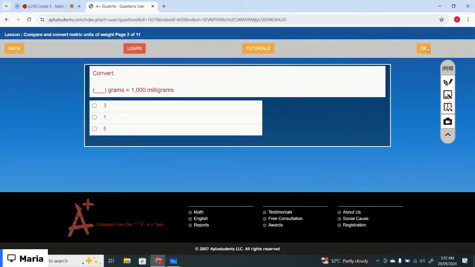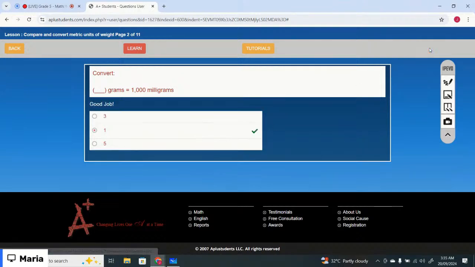You need to convert 1000 milligrams equal how many grams? So 1000 milligrams equal 1 gram it is. The correct option is 1 gram equal 1000 milligrams.